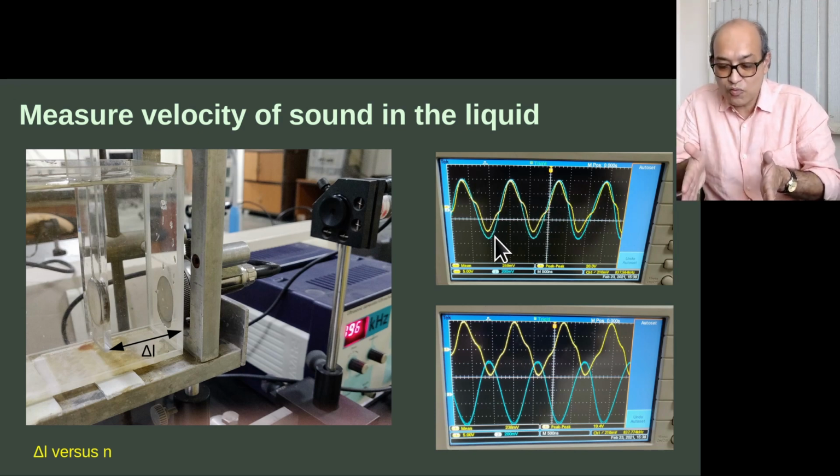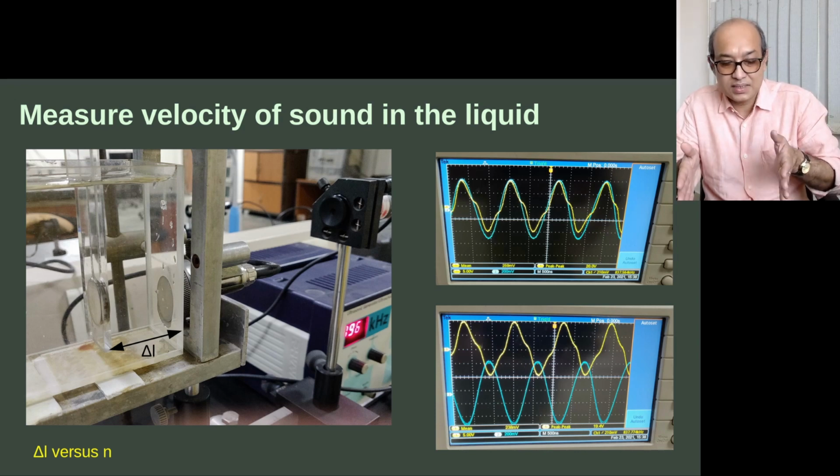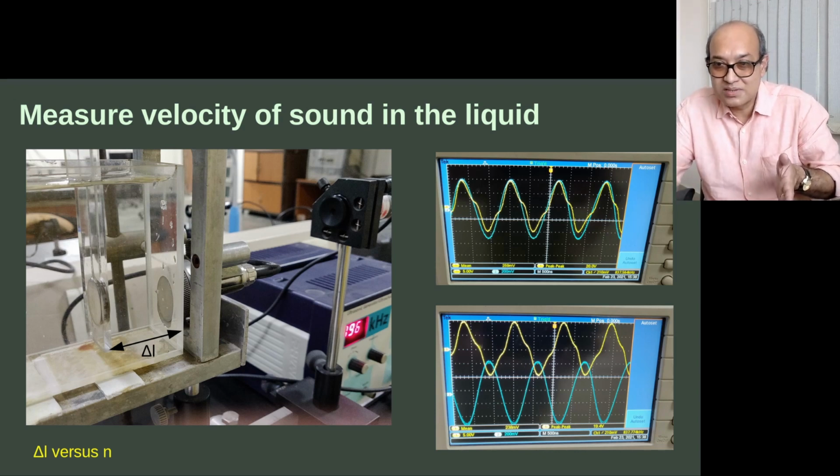Now suppose we move the receiver slightly away by, say, half a wavelength. Then what will happen? The phase difference between the source and the receiver will be pi. So they will be just out of phase, and that is what you see here.